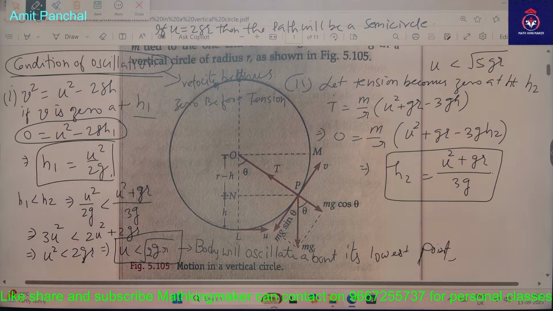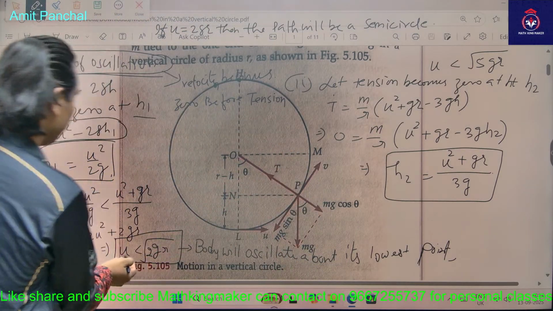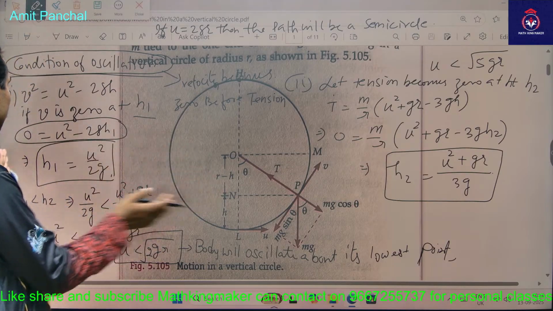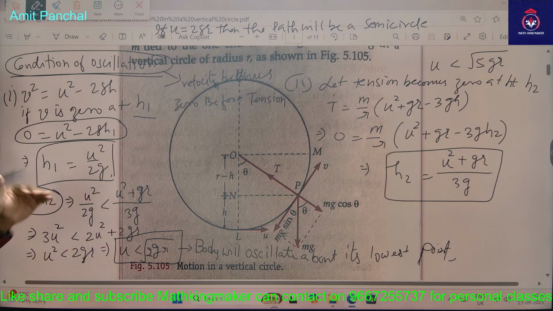Okay, the second scenario, for the body to leave the circle. What happens if the body leaves the circle? Here it is u lesser than root 2gr, and the scenario will be different. Here h1 is lesser than h2, and in that scenario h2 will be lesser than h1.